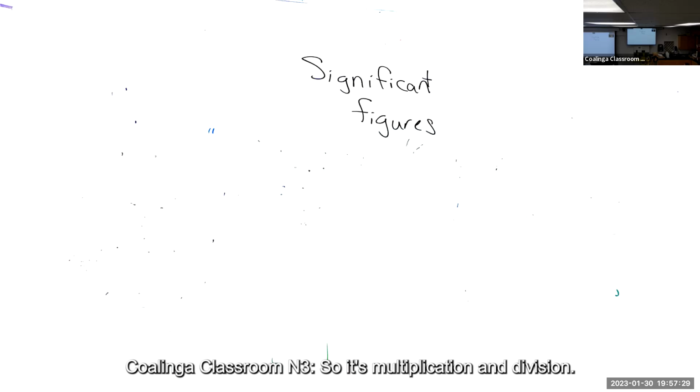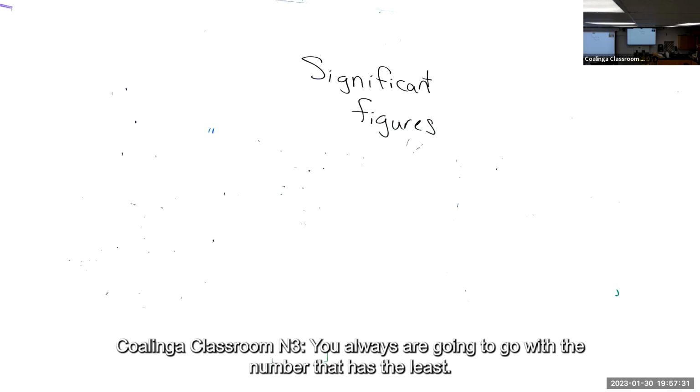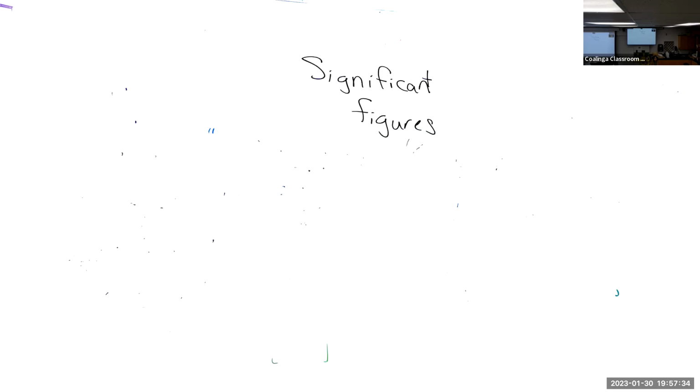Okay, so now multiplication is even simpler. With multiplication and division, you always are going to go with the number that has the least number of significant figures. Okay, so let's say we have this.